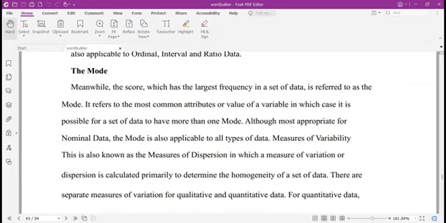Take note of this: largest frequency, not necessarily the largest in size, but the largest in frequency. That figure could be the lowest number, but for the fact that it has the highest frequency, it becomes the mode.